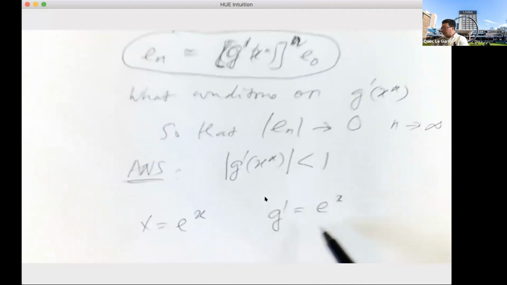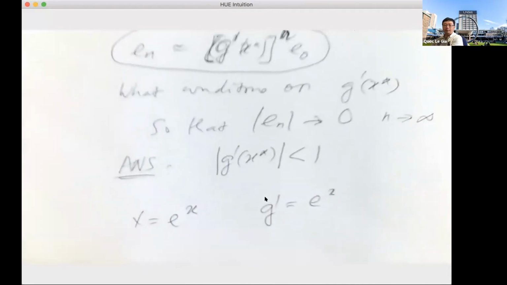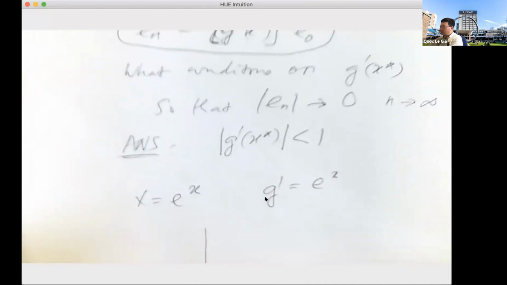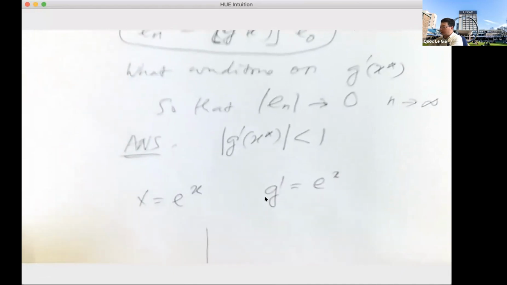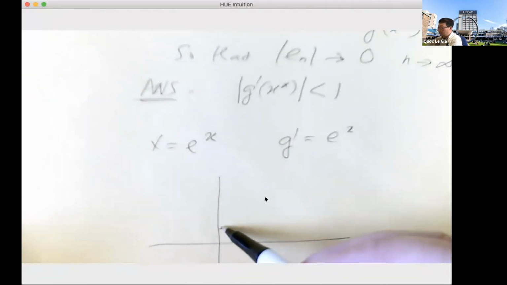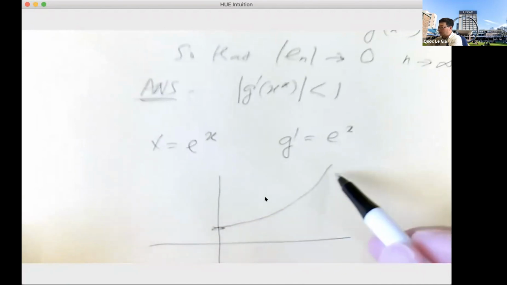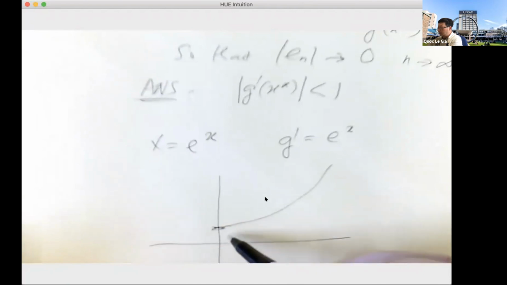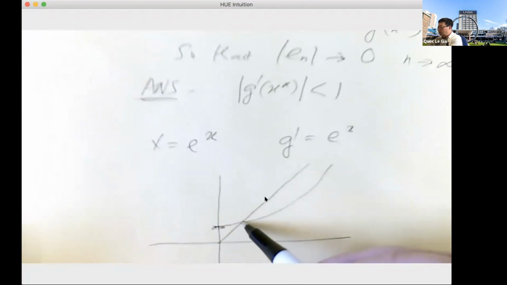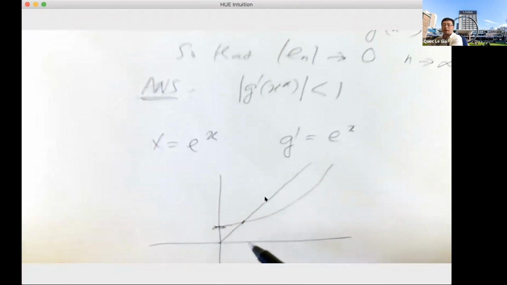But when you plot, suppose you have e to the x, it is maybe something like this. e to the 0 is 1. You can plot it, and you can see that the solution is somewhere here, okay?